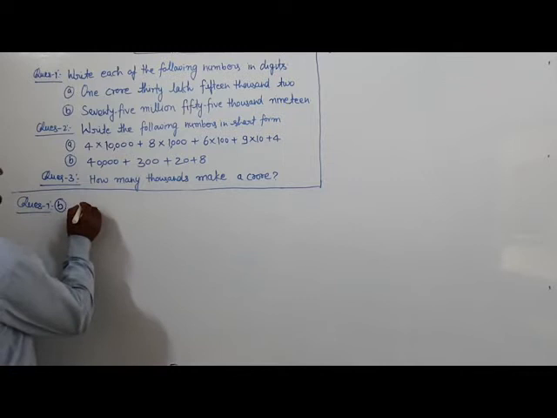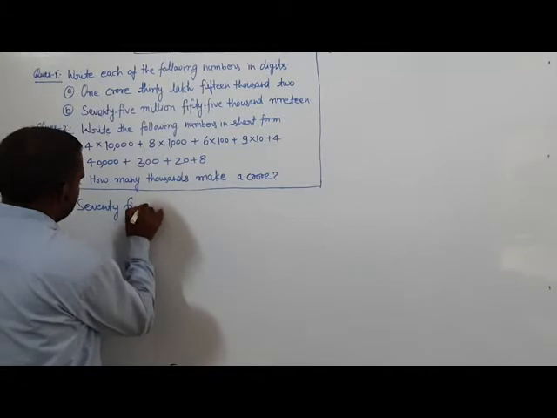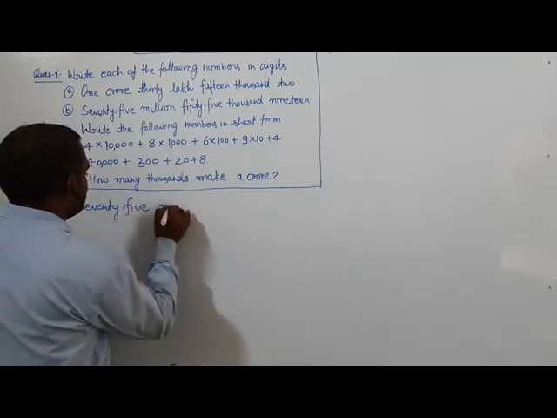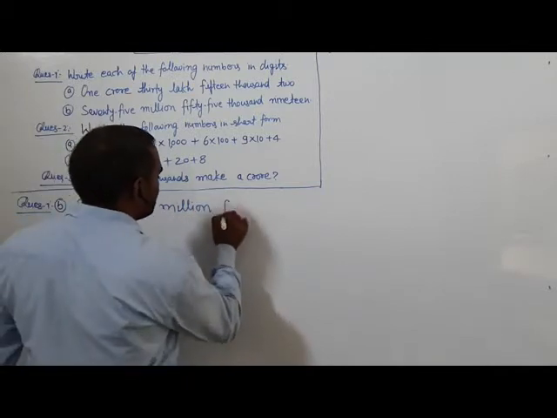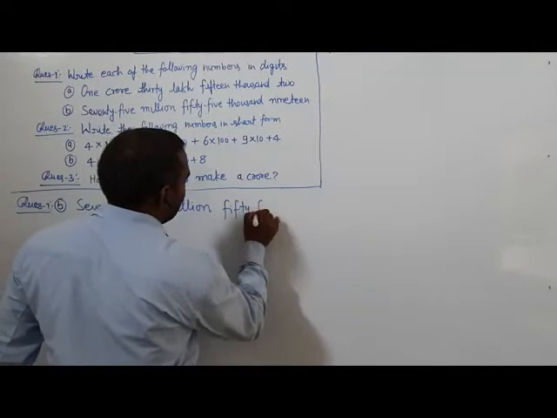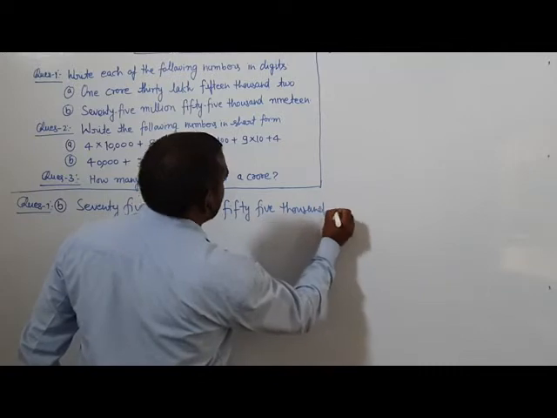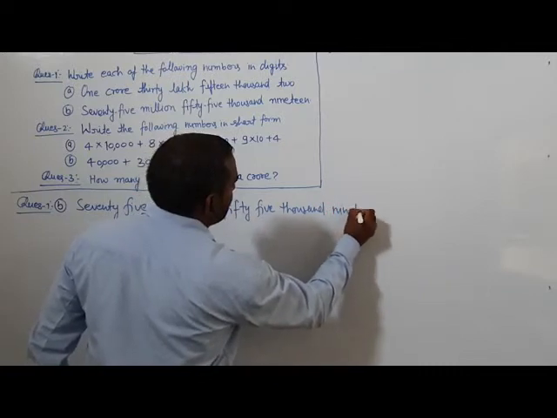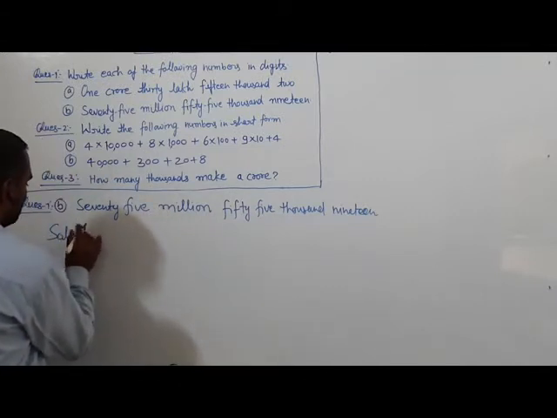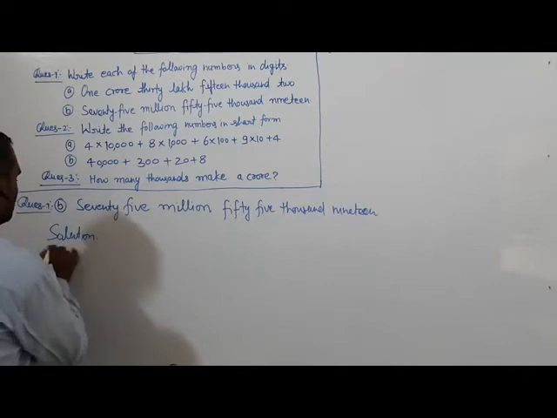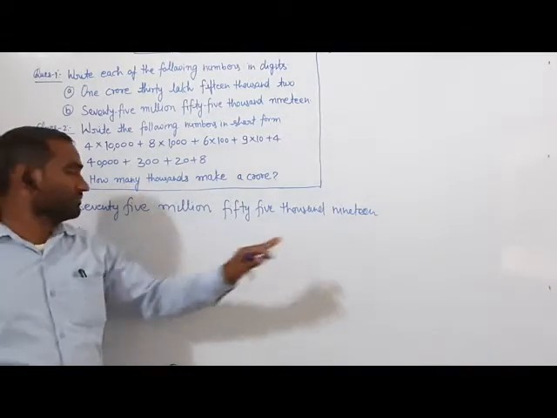B is 75 million 55,000 90. This is the international place value system.